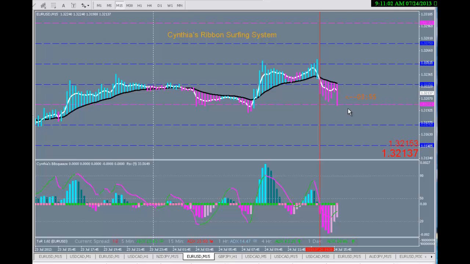And if we break again on the next bar or two below this major key level of 1.3200, we know that this is going to be the next target. However, because the major trend is up for the day, probably this is just going to keep reversing, and we'll probably see another trade to the upside because the major trend for the day and the 4 hours is long, not short.